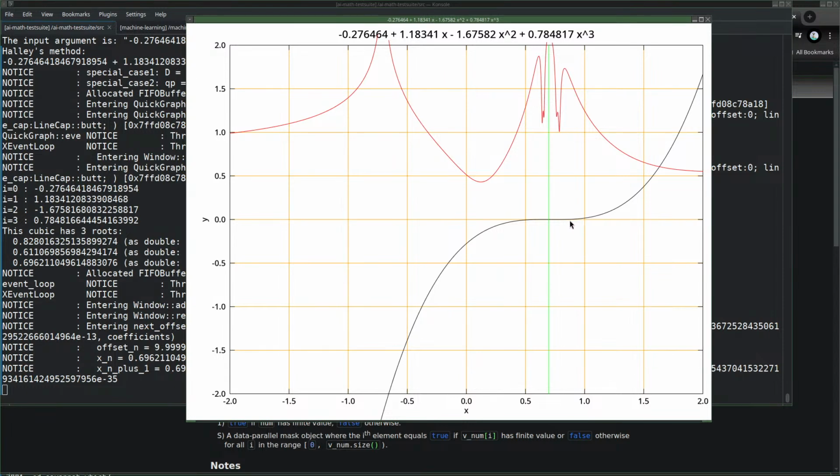And the other root is at 0.82, so maybe here. Yep, that would be that, very likely. I could just draw all 3 roots, why not? I don't have a preference here for the root in this problem. I just draw all of them.